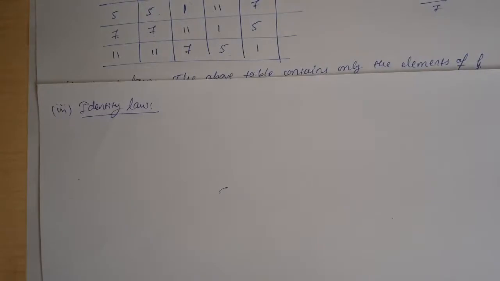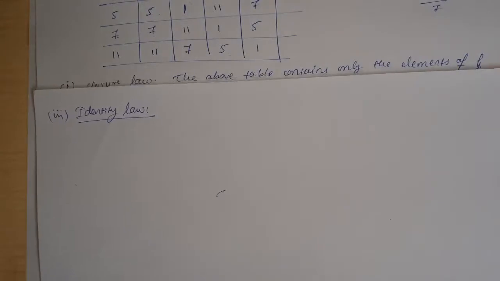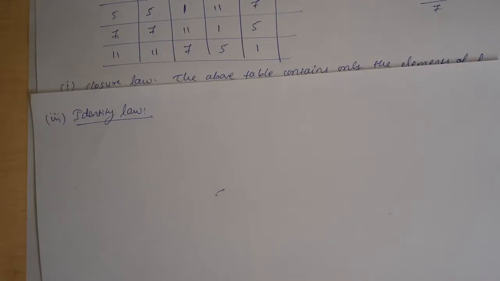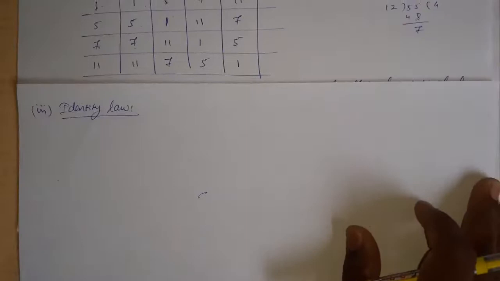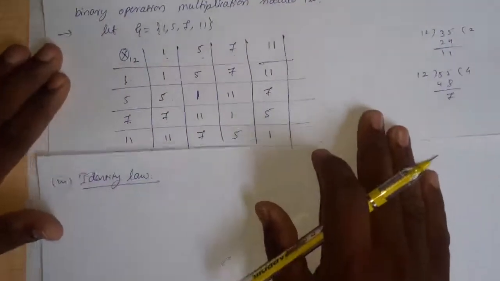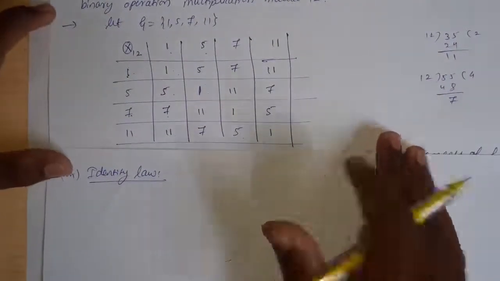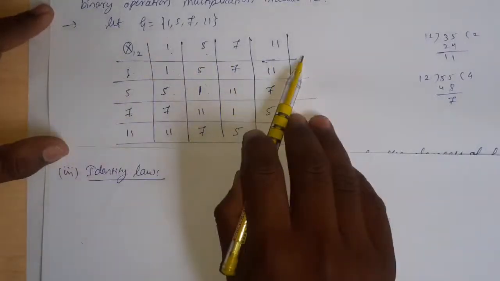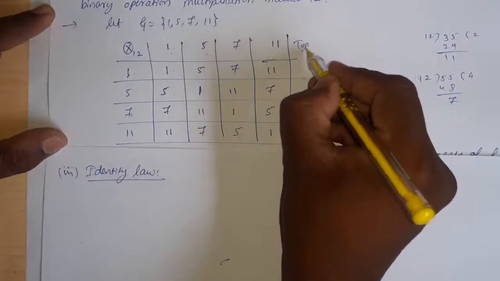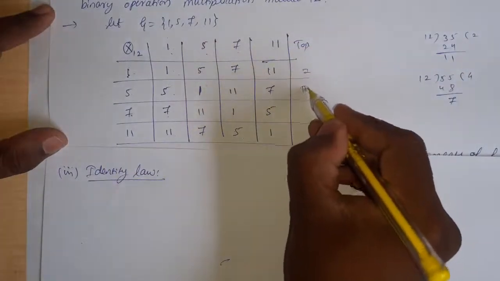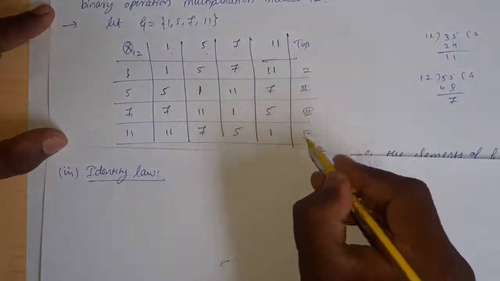How do we find the identity element? If it is simply a multiplication, then 1 will be the identity element, but it is multiplication modulo 12. In this table, this is the topmost row, 1, 5, 7, 11, and these are the first row, second row, third row and fourth row.